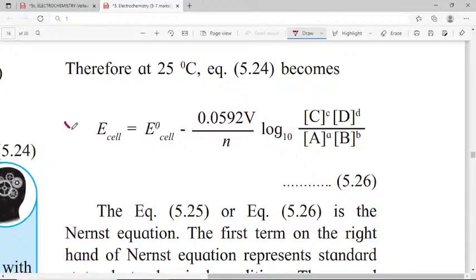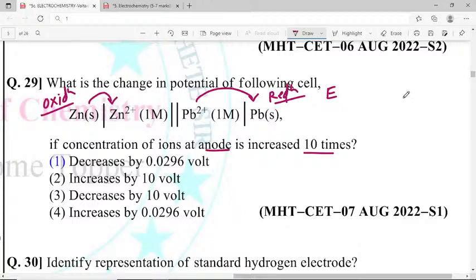E cell is equal to E naught cell minus 0.0592 divided by n, multiplied by log to the base 10 of the concentration ratio of products raised to their coefficients over reactants raised to theirs.